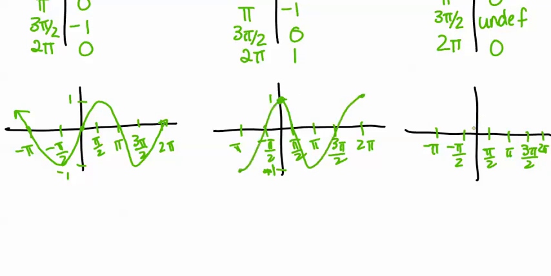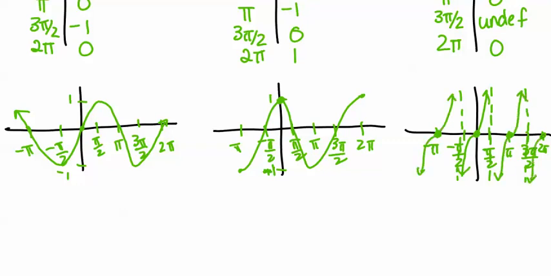And then tan is undefined at pi over 2, 3 pi over 2, negative pi over 2. And at all of these values, it's 0. And it's doing that kind of curve every time.